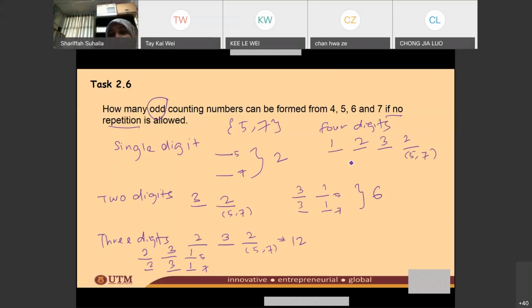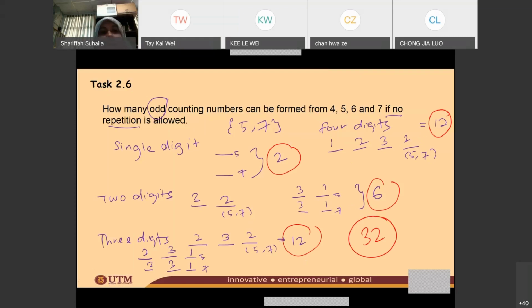So 2 times 3, 6. 6 times 2, you have 12. So 6, 12, and then plus 12. So that means 8 plus 20 plus 12, which is 32 possible ways.